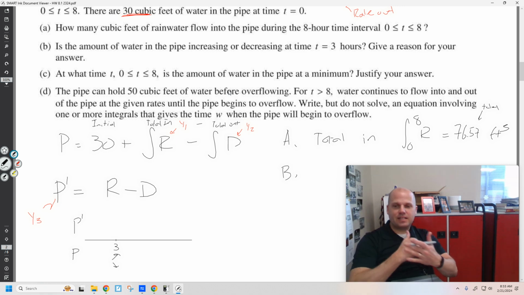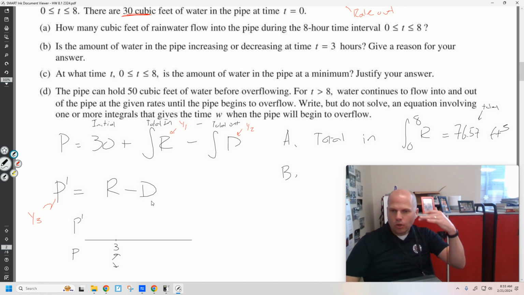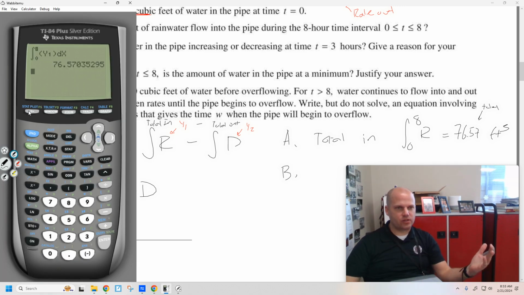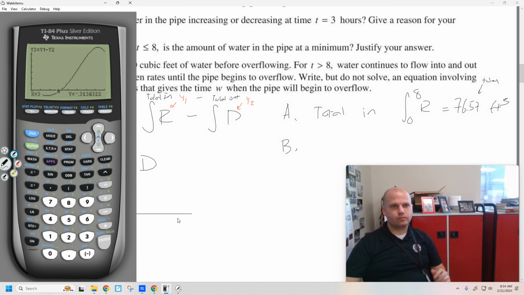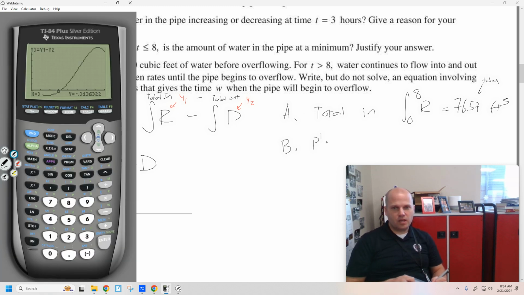Now, they don't ask you for how quickly. So here's all the different ways you can answer this. You can look at the derivative, which you already have graphed. Trace 3. Boom. You could say P prime, as long as you establish what P prime is equal to, R minus D. P prime is negative 0.313, which means the total is decreasing.